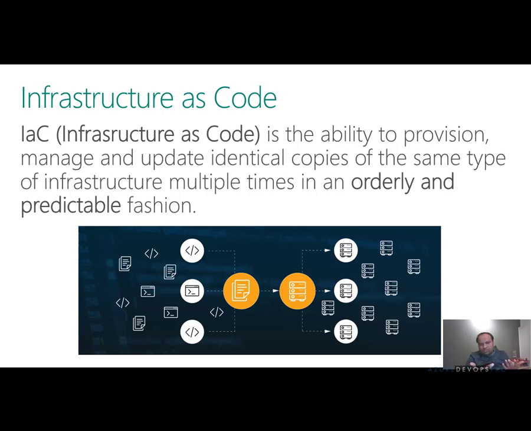Why do we need identical copies of the same type of infrastructure? Think of it. You have a dev environment and you are deploying resources in it. If you come from a traditional infrastructure procedure, you go to the portal, you click, you create a virtual machine, you log into it, you configure that virtual machine, you set up the networking, and then it's configured as expected and it's a dev environment.